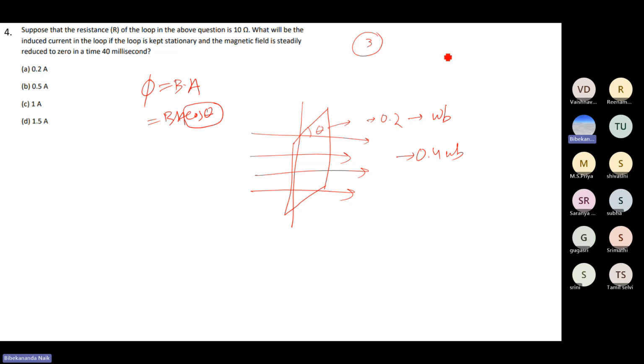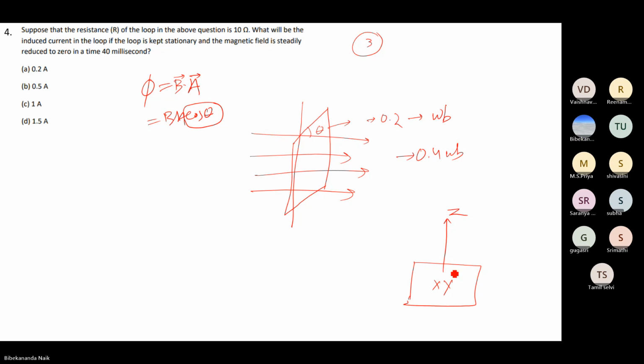In a particular case, suppose this is a rectangular coil, and it is present in XY plane, then its area vector, because here it is the dot product between two vectors, B vector and A vector, and we know area vector is always perpendicular to the plane. So the area vector will be along Z direction, is not it?